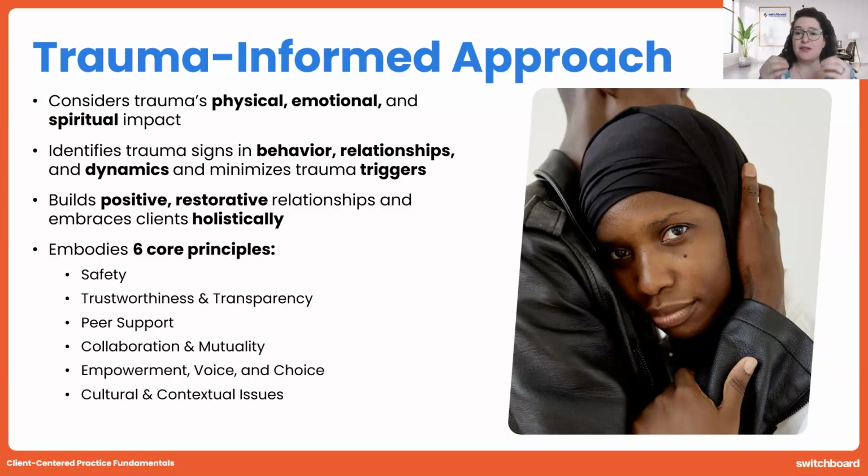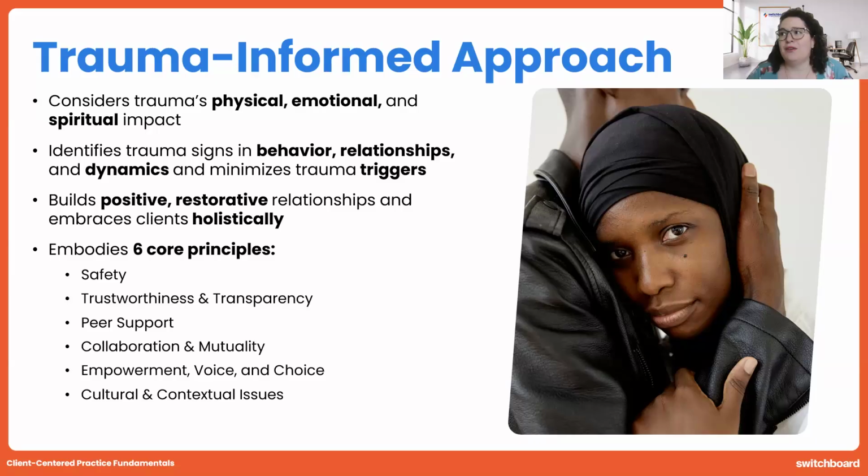Safety, creating safety with folks and making sure they feel safe whenever possible; trustworthiness and transparency, what can you do and what can't you do for clients; peer support, where can you connect clients with others who have gone through similar things, who can support them, and that community resilience, that's a big piece of strengths-based work; collaboration and mutuality, working with clients and empowering them, giving them voice and choice; and then always considering their culture and their context, both as individuals and within the bigger picture. So you see in those 6 core principles how these other approaches inform trauma-informed care.